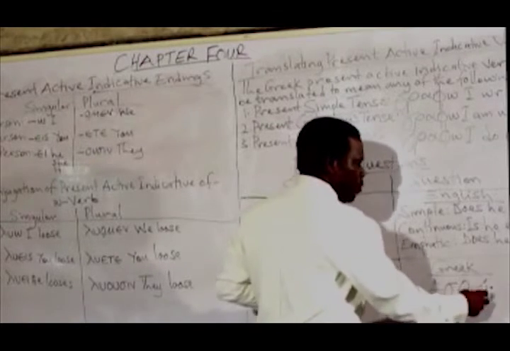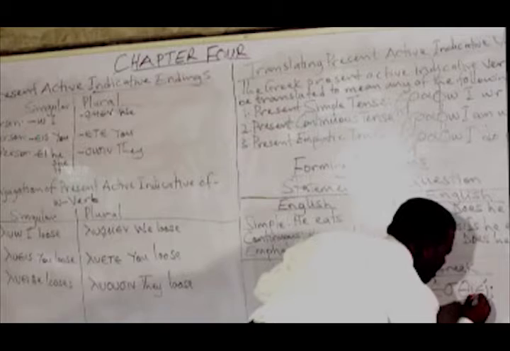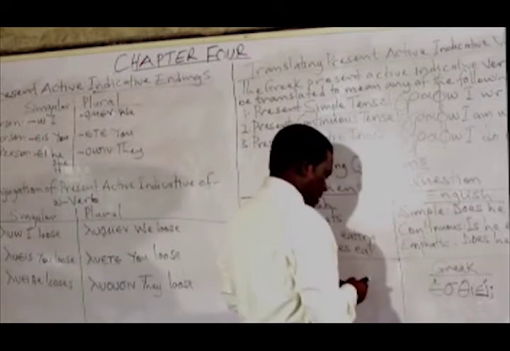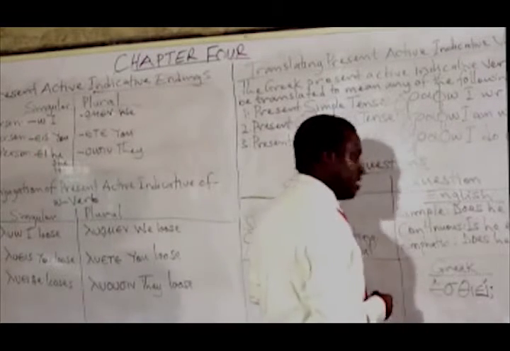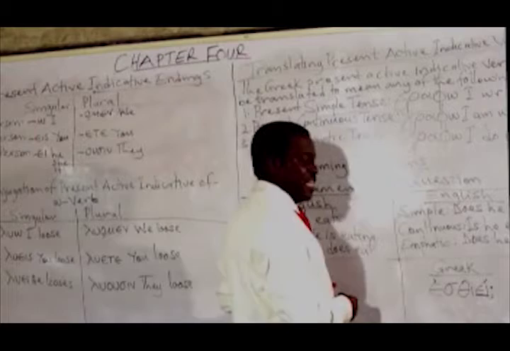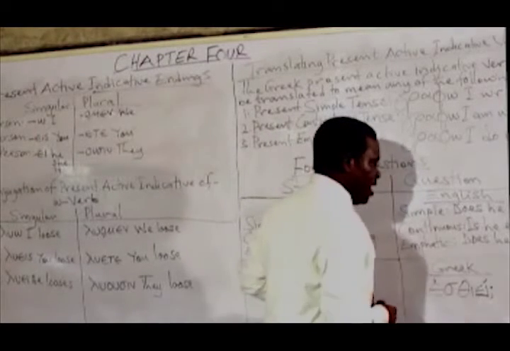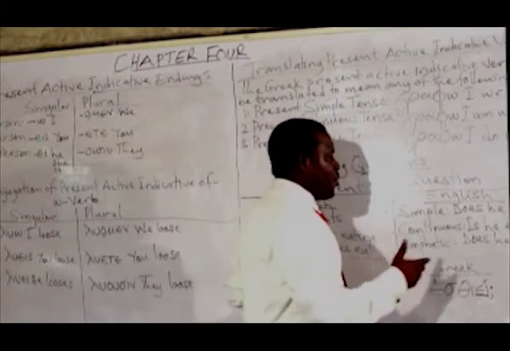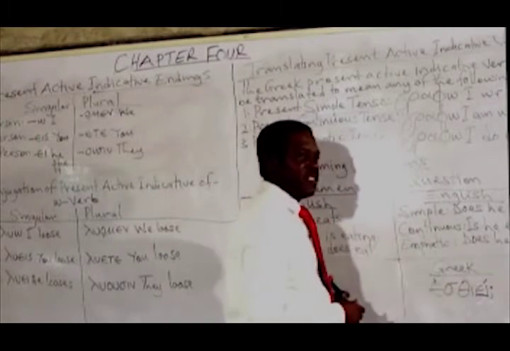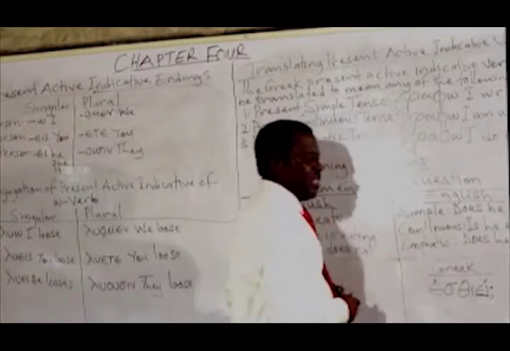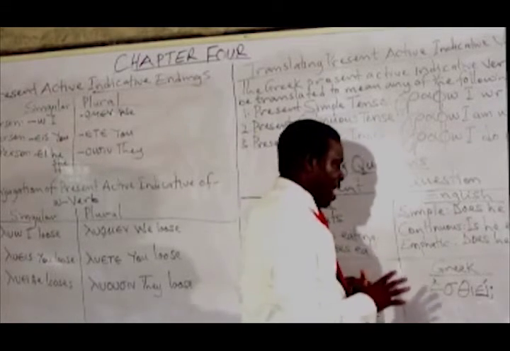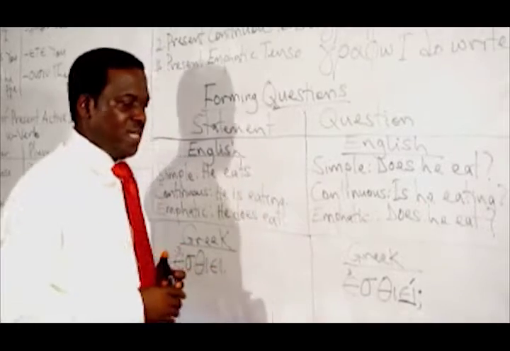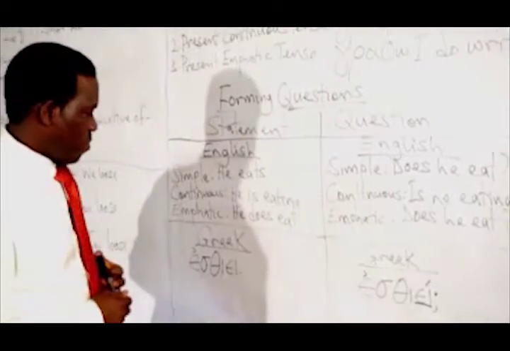This shows that on the syllable here, the intonation is higher than what we have in the statement. It means, does he eat? Is he eating? That is how Greek forms a question. Let me explain further.